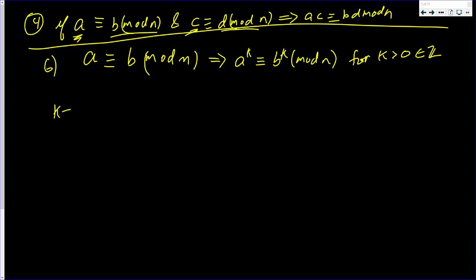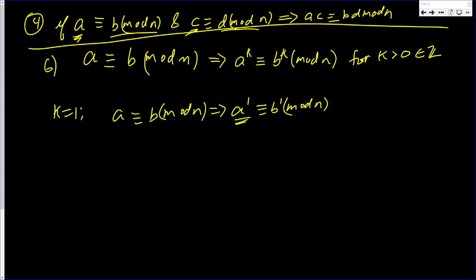So, if k is equal to 1, we know that A is congruent to B mod n, but that surely means that A to the 1 is congruent to B to the 1 mod n. Main reason is A to the 1 is A and B to the 1 is B. So it's true for k equal 1.